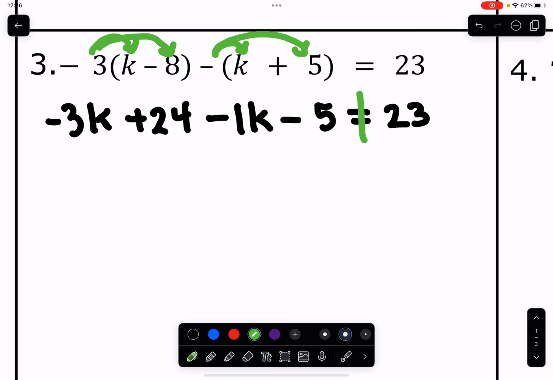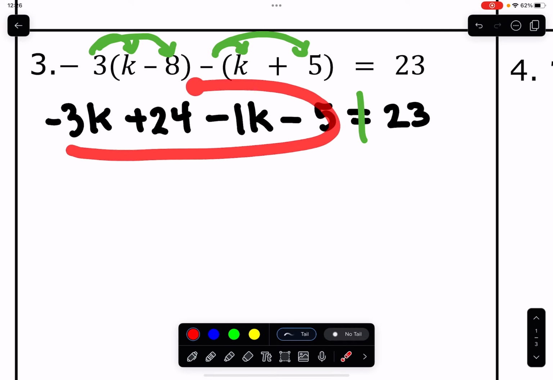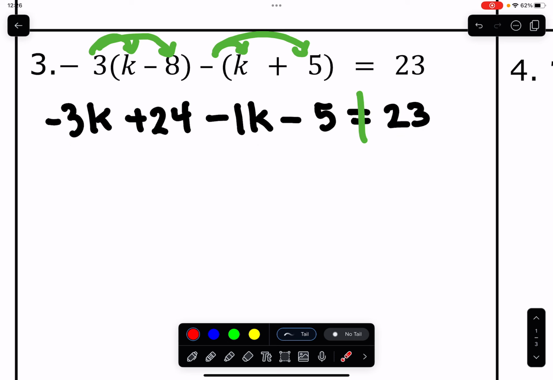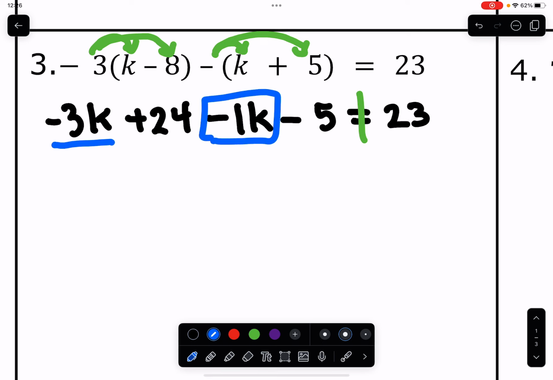And again, here's the equal sign, so that's going to separate the left side and the right. On the left we have all of these numbers here, and on the right we have the 23. Now I want my variables on the left side of the equal sign, so I'm going to keep these two on the left side. Since I'm not moving them, they're going to stay as negative 3k and a negative 1k.